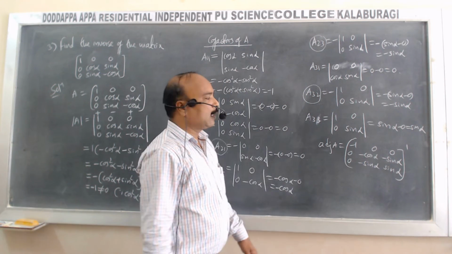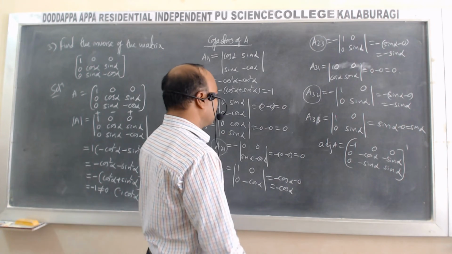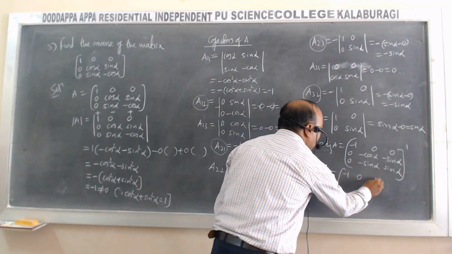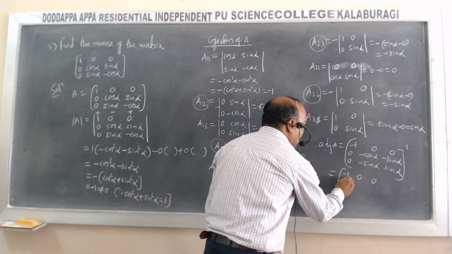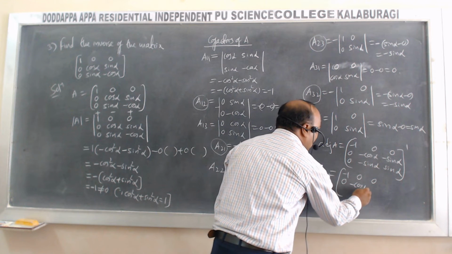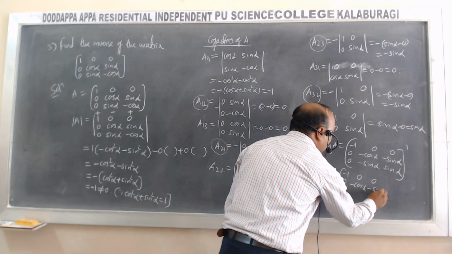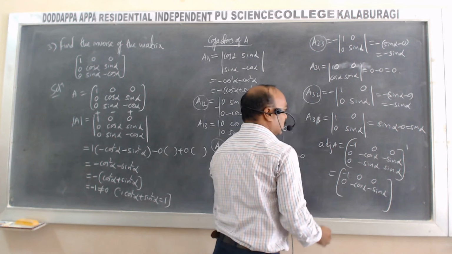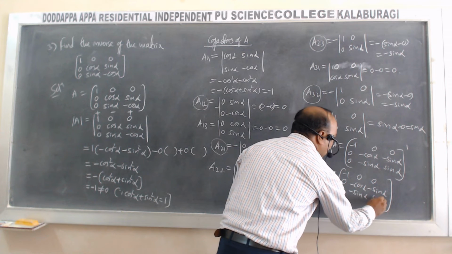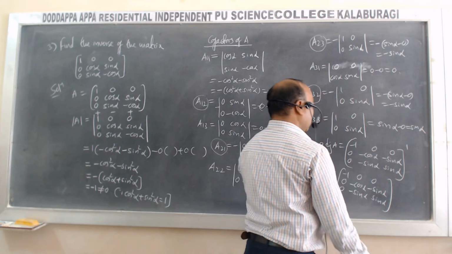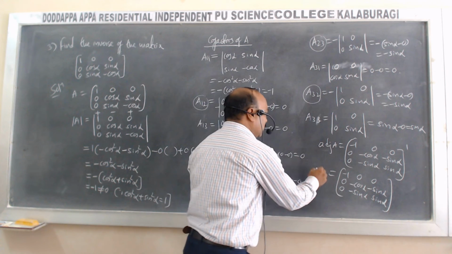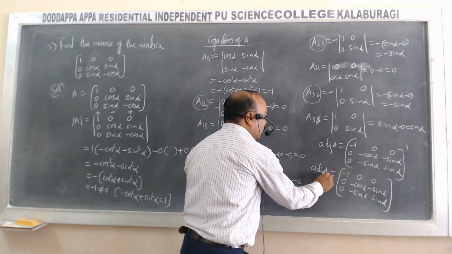Now we take the transpose of this, we get minus 1 0 0, second row 0 minus cos alpha minus sin alpha, third row 0 minus sin alpha sin alpha. We get the same because it is symmetric. Now it is adjoint of A.